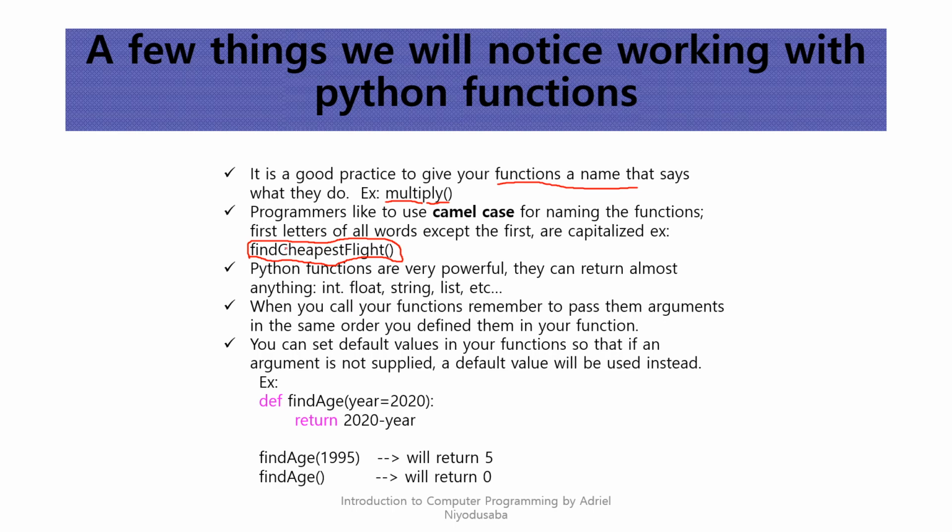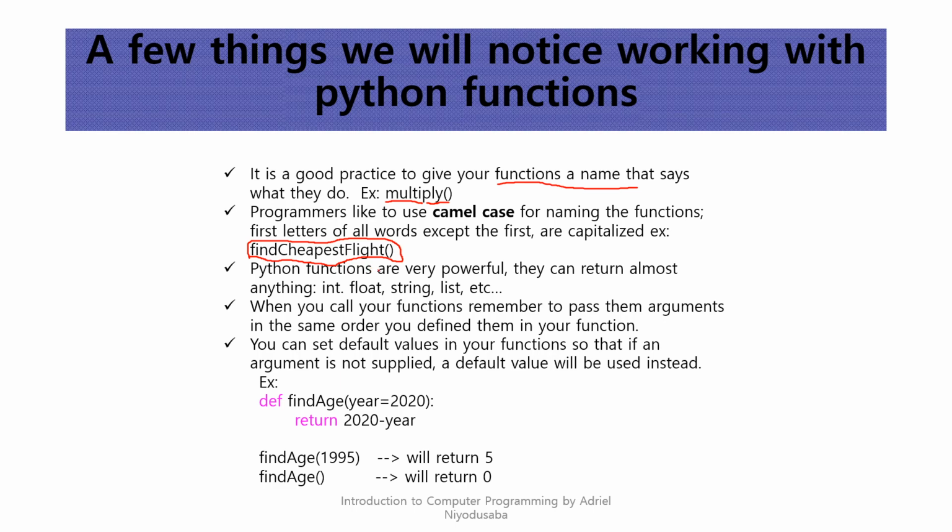So capital letters except the first word. Why don't we also use capital letter for the first word? Later we will see that that's what we do for what is known as classes, which is what we see in the later parts of this course. Now, camel case, capital letter for every word except the first one.